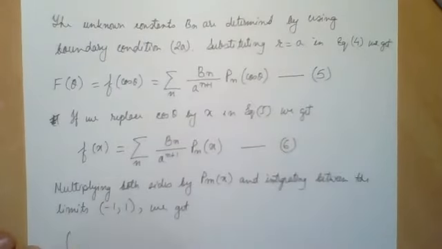So on the left hand side, we multiply f of x by Pm(x), then integrate with respect to x from -1 to +1.